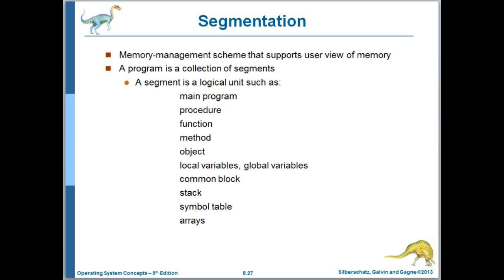That can be extended to smaller segments, such as some of those listed here. You can see that we have the stack and arrays in the data segment, and the main program and the procedures could be split into subsegments, if you will.